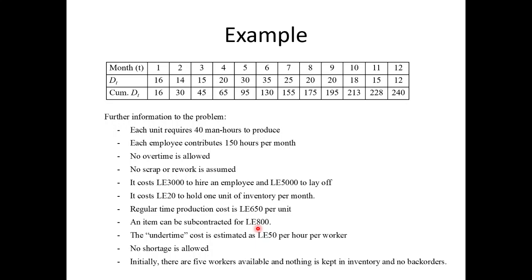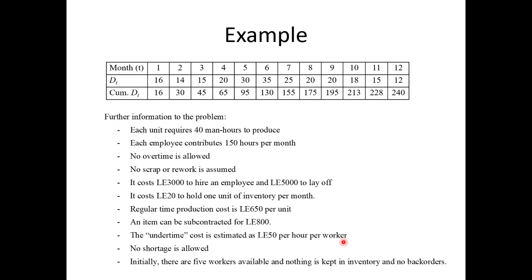So the decision variable associated with subcontracting, which is denoted S sub T, can have non-zero values. The undertime cost is estimated as 50 Egyptian pounds per hour per worker. Remember the undertime cost is the cost associated with not using the full capacity that you have.